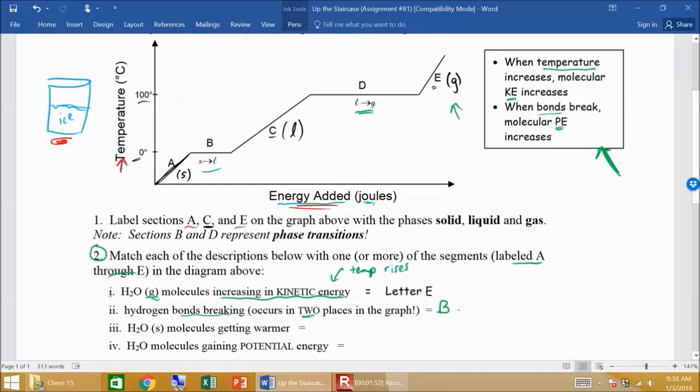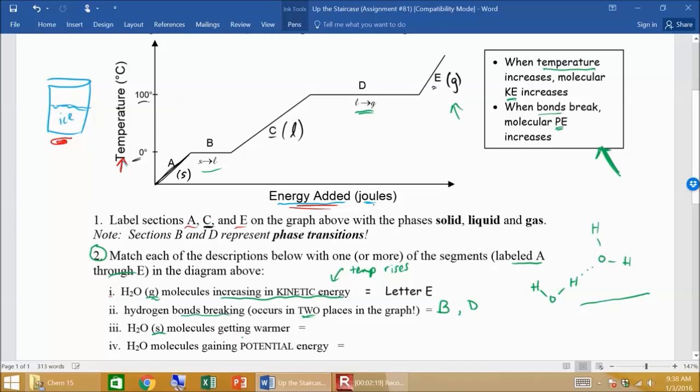The type of bonds that are breaking are your hydrogen bonds. You'll recall that the hydrogen bond is a friendship bond, not a covalent bond. So we're talking about something like this being important to holding the molecules to each other, and therefore determining the state of matter, whether it's solid, liquid, or gas. So B and D are phase transitions. That's where bonds are breaking.